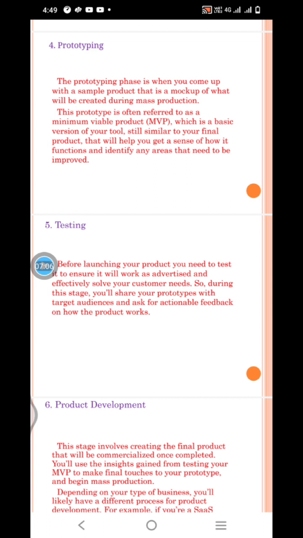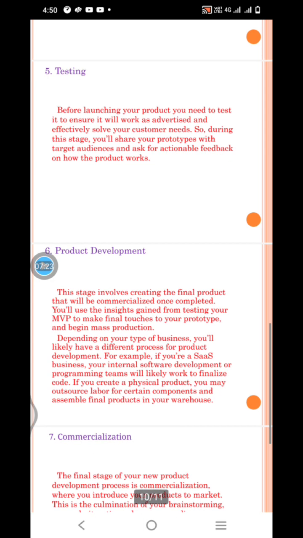Once you feel as though your prototype is finished and ready to solve your customer needs, you will begin product development. Next, the sixth stage is product development. This stage involves creating the final product that will be commercialized once completed.